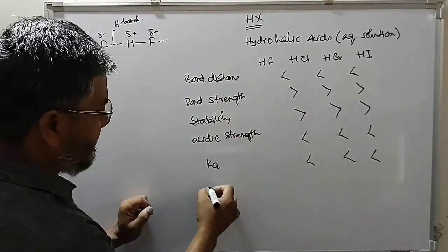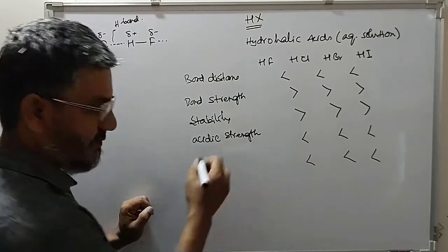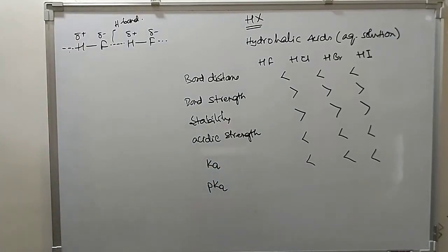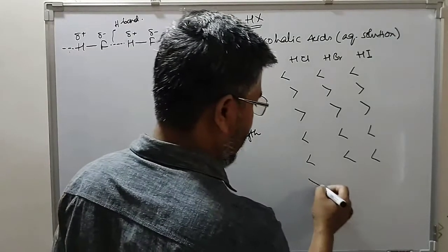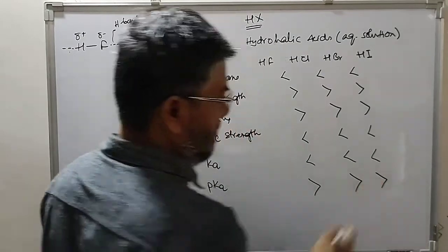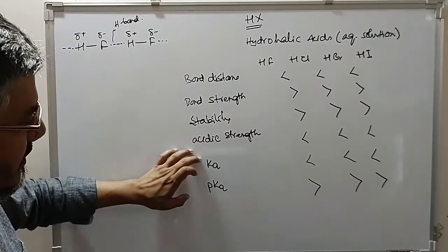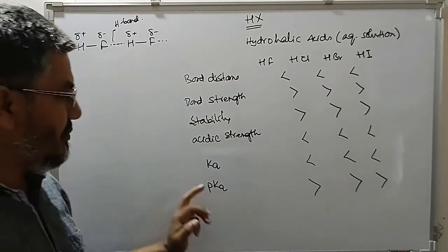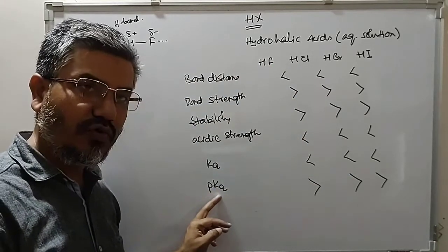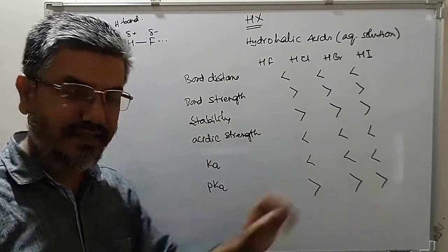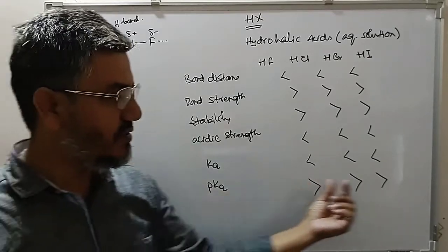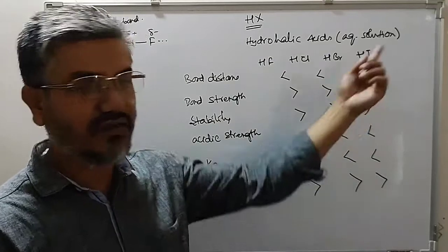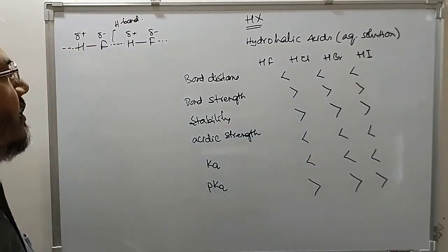As the Ka increases, then pKa, negative logarithm of Ka, will decrease. So Ka and pKa both have an inverse relationship. If pKa is more, acidic strength is less. If pKa value is less, acidic strength will be more.